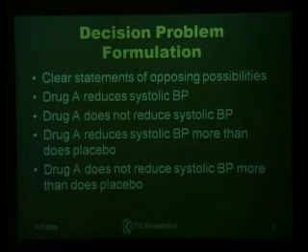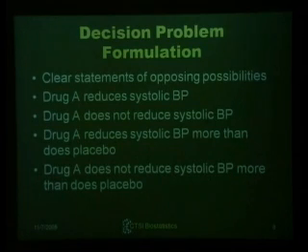So let's see. Decision problem formulation: we have to clarify exactly what we mean, and we typically pose this experiment as opposing possibilities. Okay? We have two statements, and we're going to prove one of them and disprove the other. You can think about the court of law, and that's a very good parallel to keep in mind.